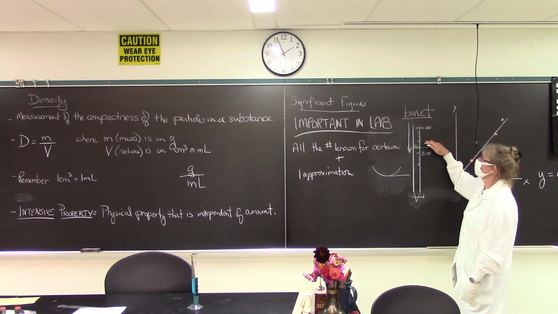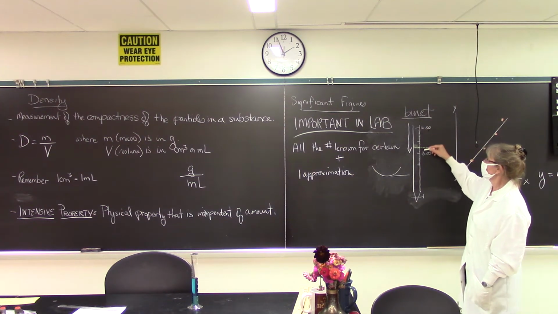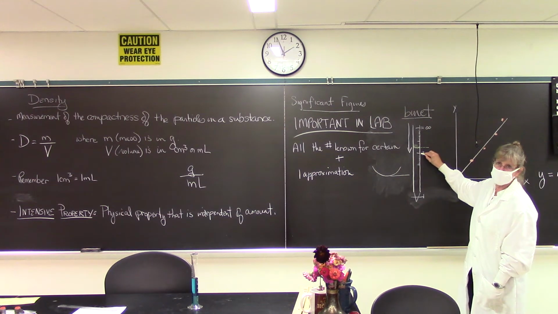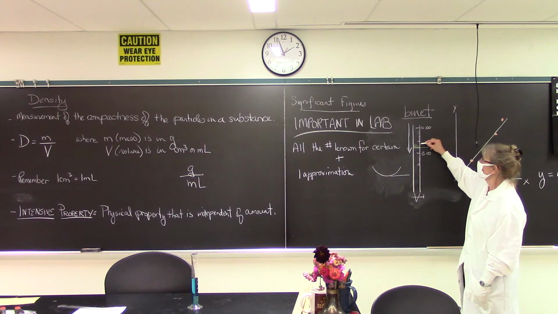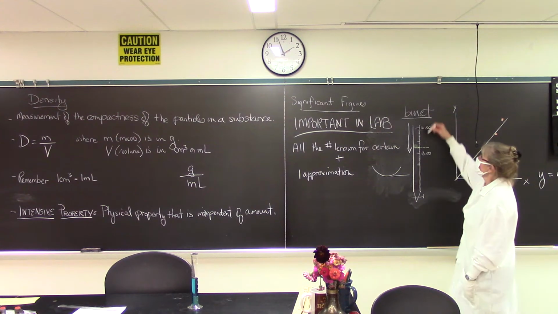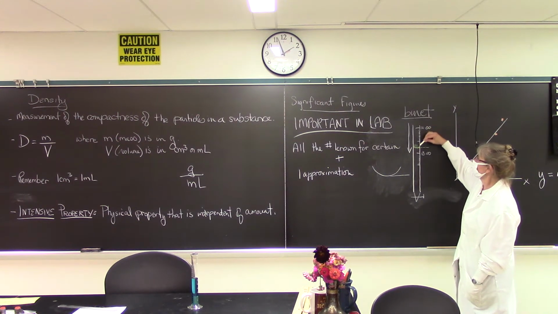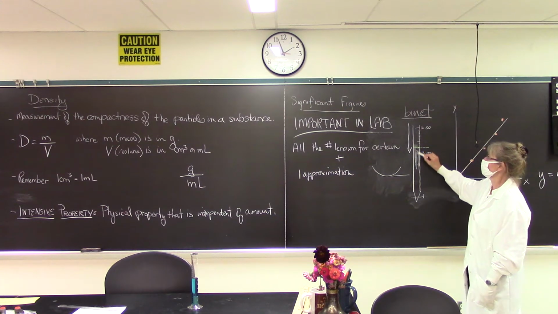So if we look at my blown up burette, I've already gotten to 12 milliliters. And the next big mark is 13. So each one of these little marks is 0.1 milliliter. As I read down, I have my solution down here below this meniscus.